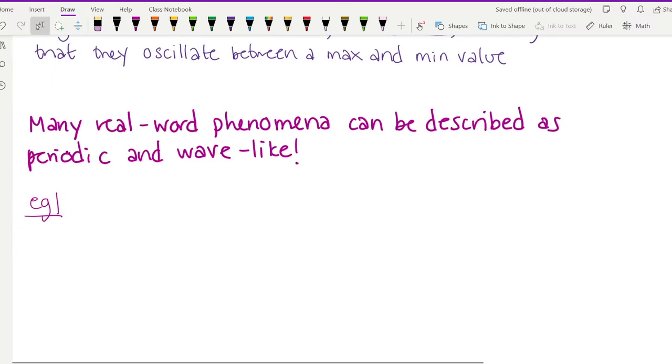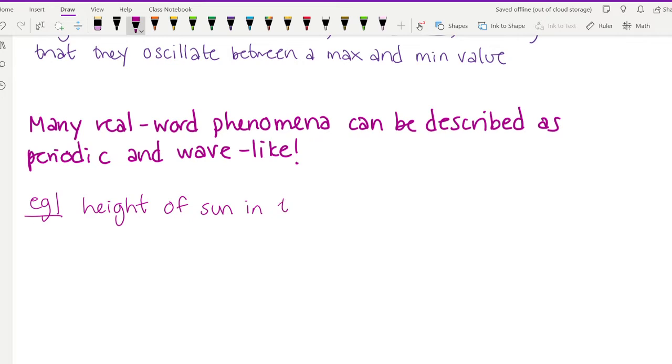So just to give a few examples of situations that could be described as wave-like and periodic, one would be the height of the sun in the sky, right?